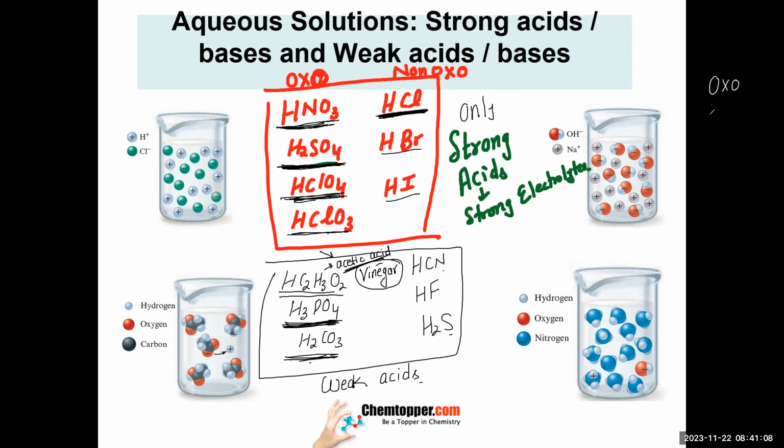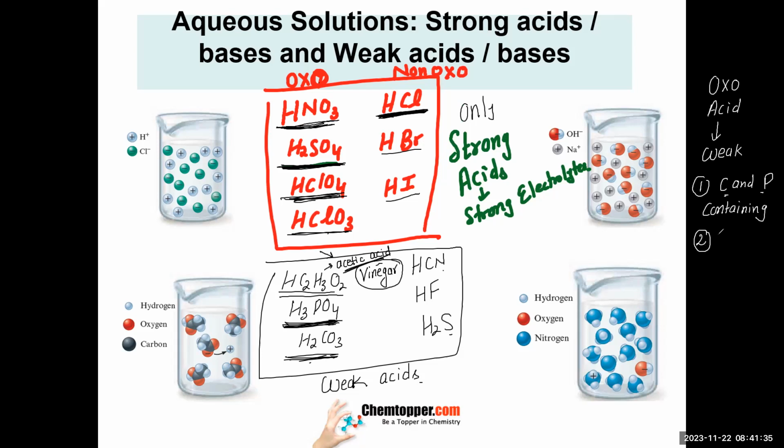Oxo acids which are weak. How to identify them? First, carbon, and C means carbon, and phosphorus containing. If you see carbon or phosphorus in the formula, it is a weak acid.